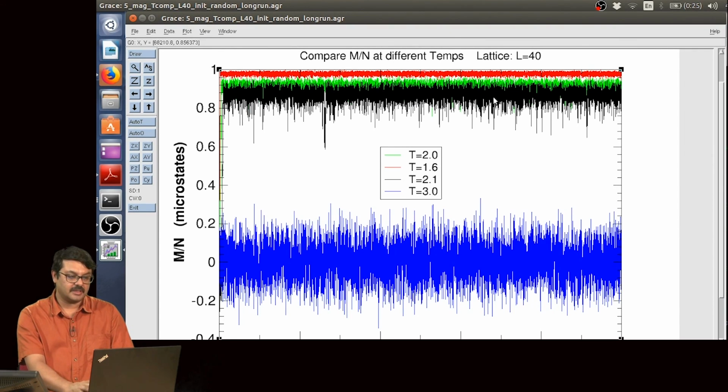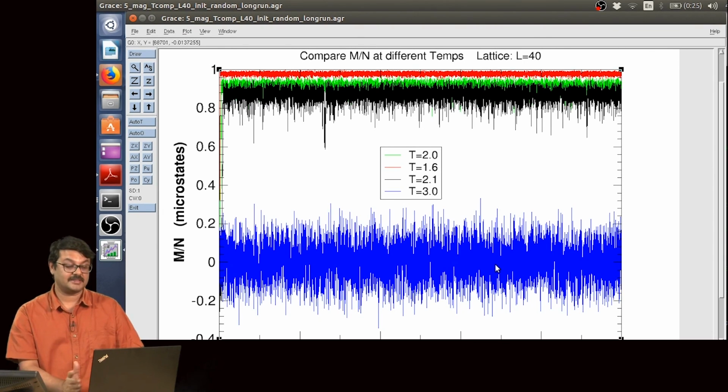It is around less than 0.9, this green being 0.9. So, now it is fluctuating around a lower value, and at temperature T equal to 3, it is fluctuating about 0, which means if you calculate the average magnetization, you will get a 0 value. So, this is a magnetized state at temperatures 1.6, 2.0 and 2.1.